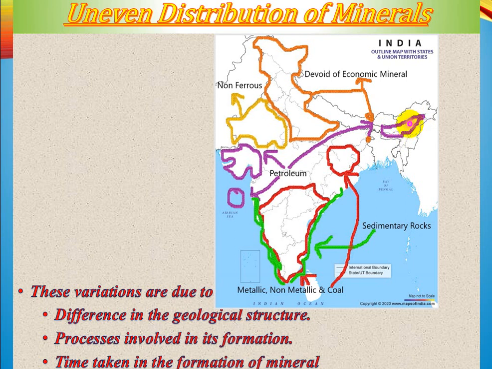Many petroleum deposits are accumulated in this Assam region. Now you can see the red mark, the storehouse of minerals, the Chota Nagpur plateau and even the Deccan Trap region, where coal, ferrous and non-ferrous minerals are there, metallic and non-metallic, every type of mineral is present over here.